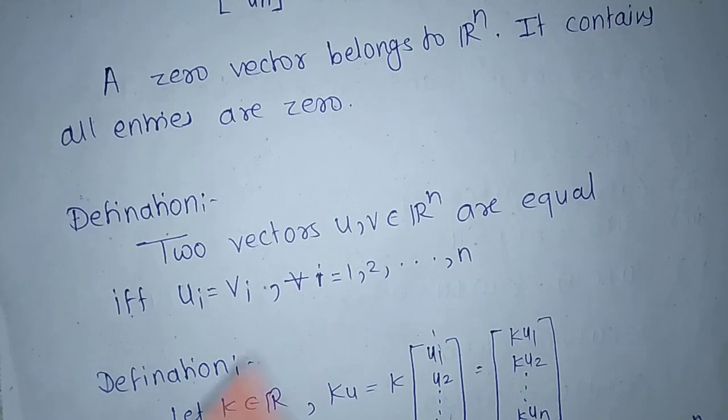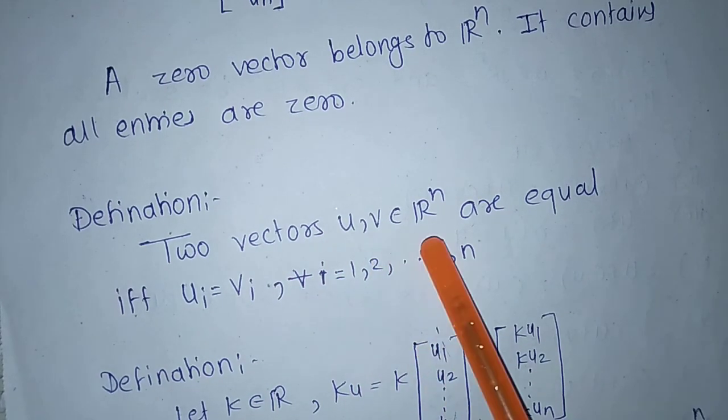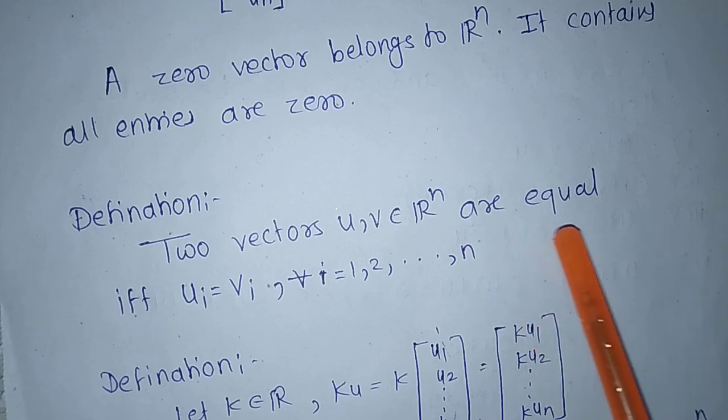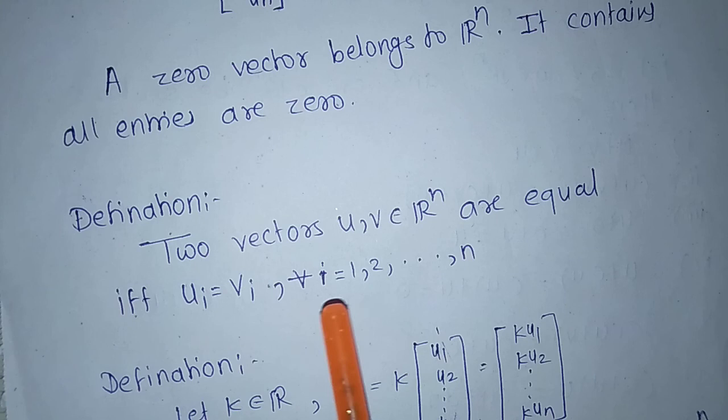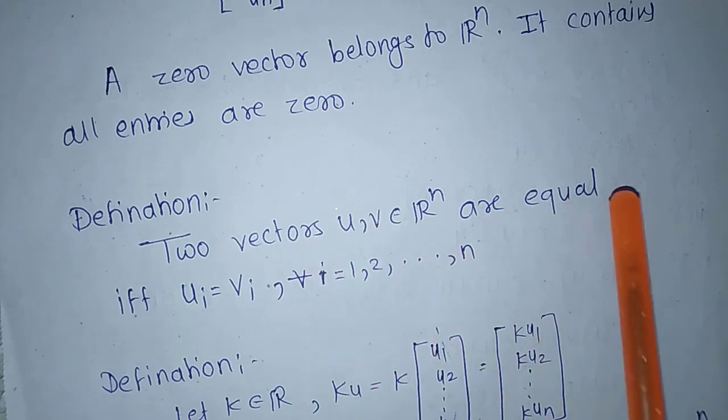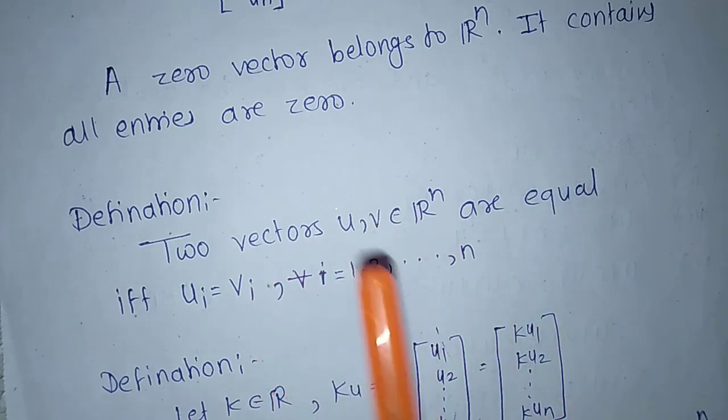Next definition, two vectors u, v belongs to Rn are equal if and only if ui equal to vi for all i equal to 1, 2 and so on n. Means two vectors are equal if the entries of these two vectors are equal.